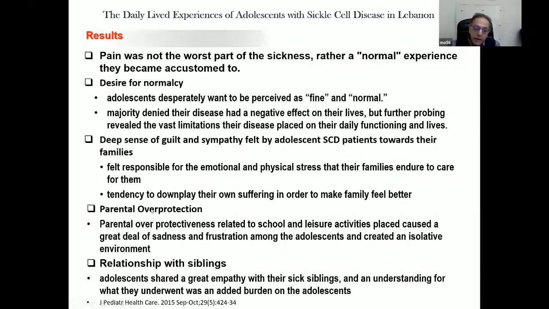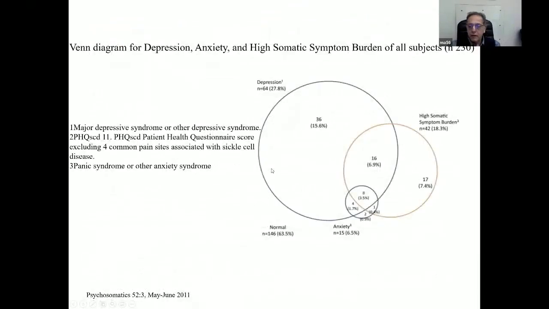They had a tendency to downplay their symptoms. They were concerned about parental overprotection, and the siblings shared a lot of empathy and understanding. But you can see here the enormous psychological burden seen by these patients.